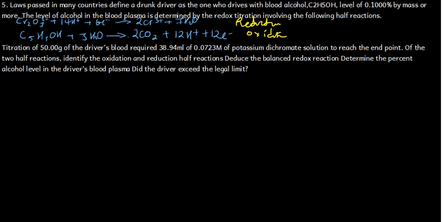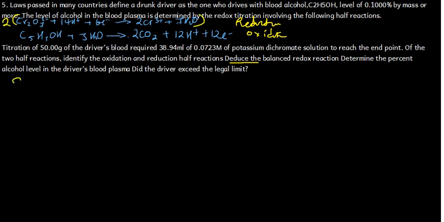Let's write it just the way it is. So these are the reactions which we have. Now we want to deduce the balanced redox reaction, and the first thing we want to do is to balance the electrons. We have 12 electrons here, and 6 electrons there. So the one which has 6 electrons, multiply the whole of it by 2.